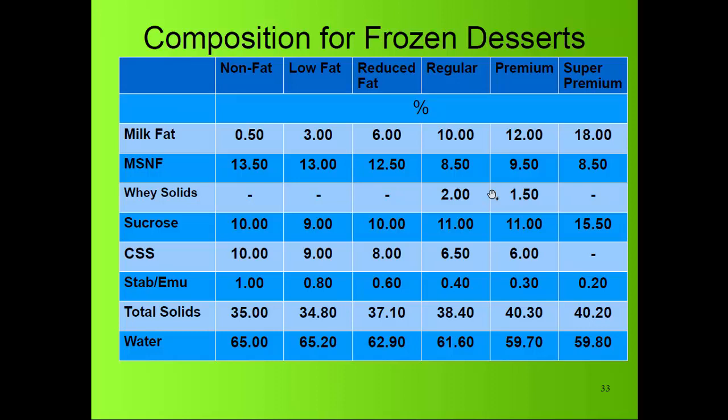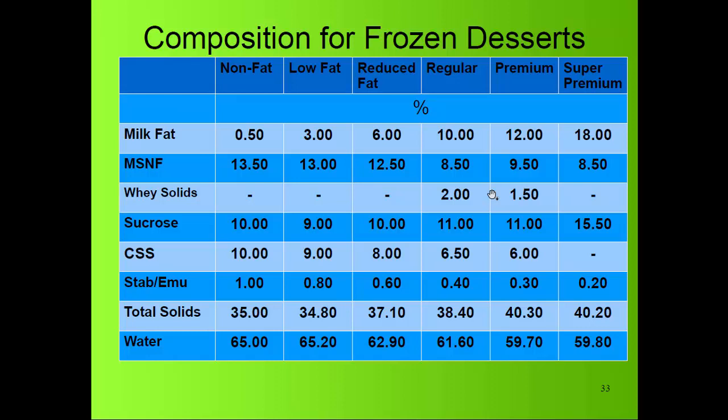And for super premium, you have 18%. So what does that tell you, right? If you look at regular ice cream, there's 10%, premium, there's 12%, and super premium, there's 18%. So really high premium ice cream probably has a lot of milk fat. And let's face it, the milk fat tastes good, right? And it makes for a good ice cream.